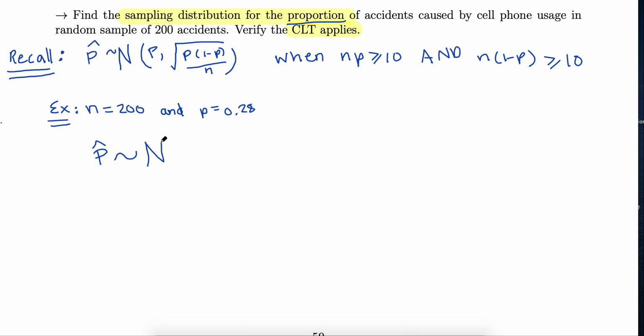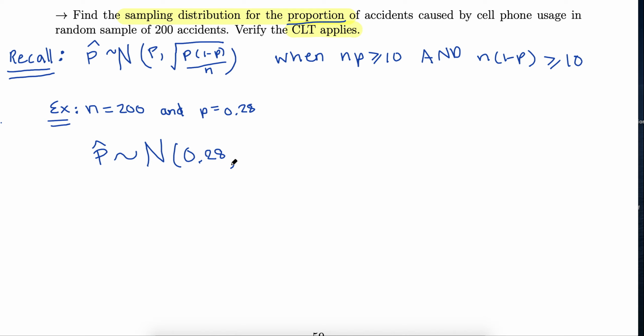N. We're going to assume that the result applies for right now, so they'll have this bell curve, and they should be centered at the value for the entire population. And we were given in the problem that p, the proportion for the whole population, was 0.28.